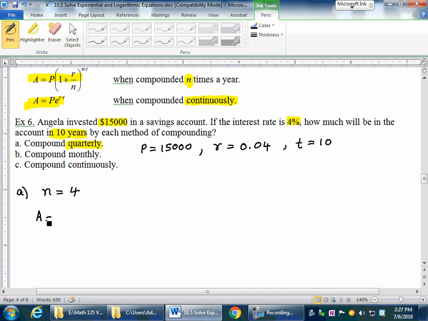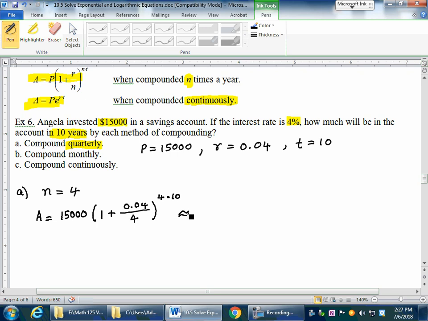My amount, the final amount, will be equal to the principal, 15,000, times 1 plus the interest rate, 0.04, divided by the number of times compounded, n, 4, and then to the n times t power. And since we are talking about dollar amounts, we can approximate it to 2 decimal places, to the nearest cents.